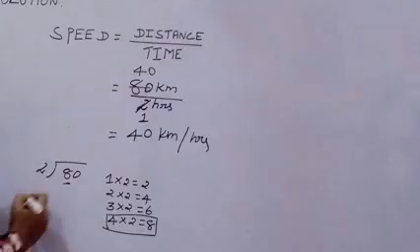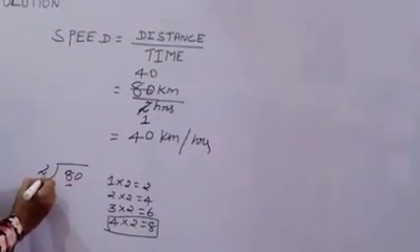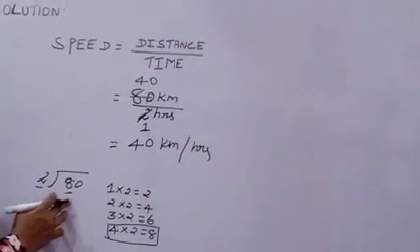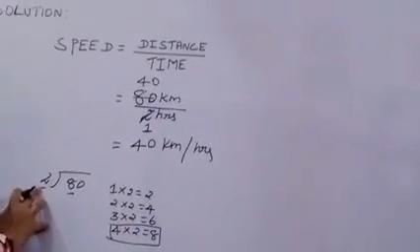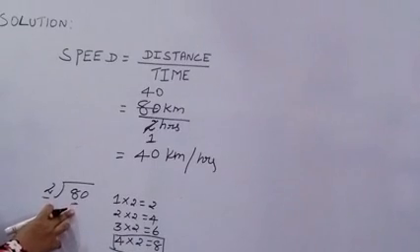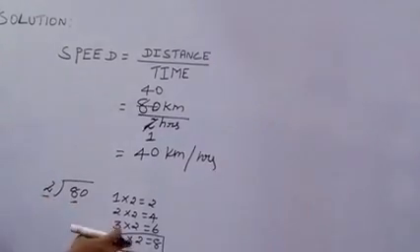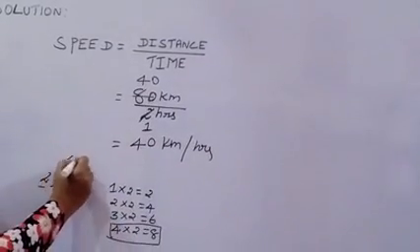So take the first digit alone. Your divisor is 2. Compare the divisor and dividend: the divisor should be less than the dividend. So you can divide. How many times 2 in 8? 4 times, so I write down 4.